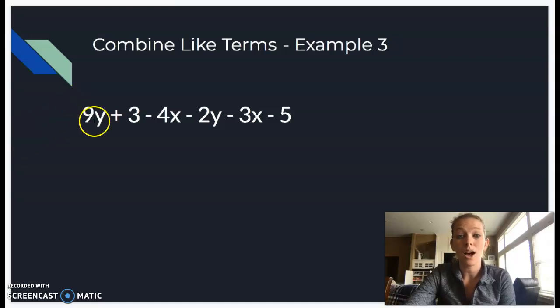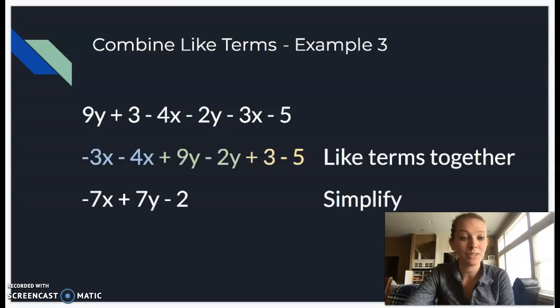We have, again, a y, we have a constant, and we have x. And so first thing you're going to do is rewrite the problem so all the like terms are by each other. So when I do that, I'm going to go ahead and put my x's together, I'm going to put my y's together, and I'm going to put my constants together.